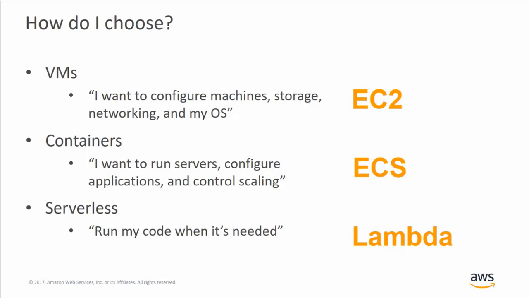If you want to move further up the stack, if you want a higher level of abstraction where you really want to focus just on the servers, managing and configuring the application on the servers and controlling scaling, then ECS is the right option. And then you have serverless. So if you want to control and run your code when it's needed, then AWS Lambda is the option available to you. We'll talk more about AWS Lambda here in a bit.